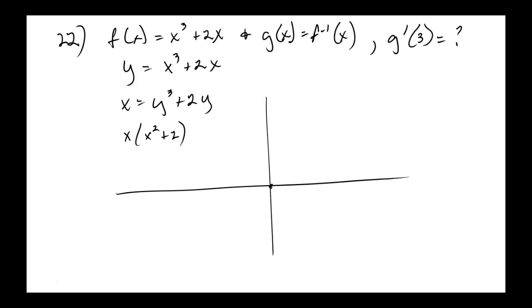Let's plug in some values. 0, 0 will work. 1, 3 will work. And negative 1 would give negative 1 cubed, which is negative 1, plus negative 2, so negative 3. So it's something like that.